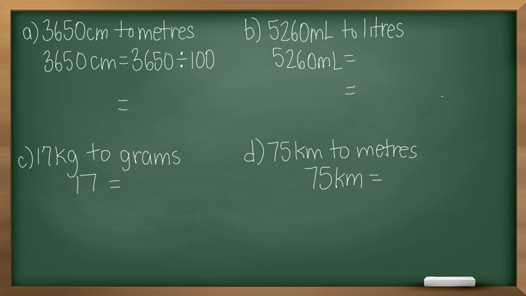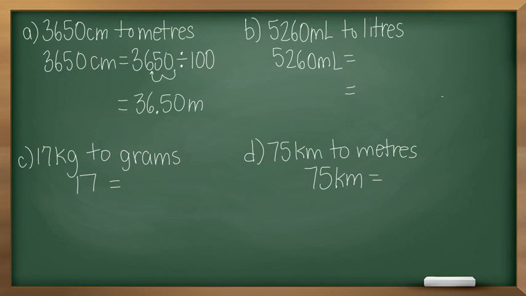Now, we don't actually see a decimal, so when we have a whole number, the decimal always comes after the ones place, between the ones place value and the tenths place. So that would be right after the 0. If I move it to the left, I'm going to get 36.50. So 3,650 centimeters is the same distance as 36.5 meters.